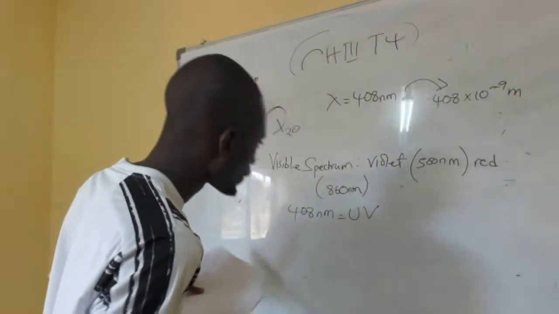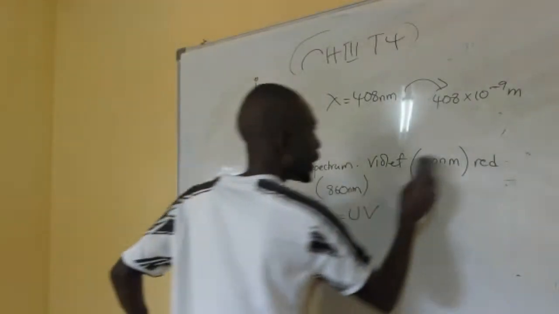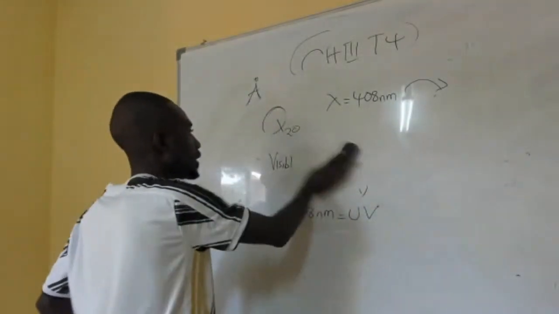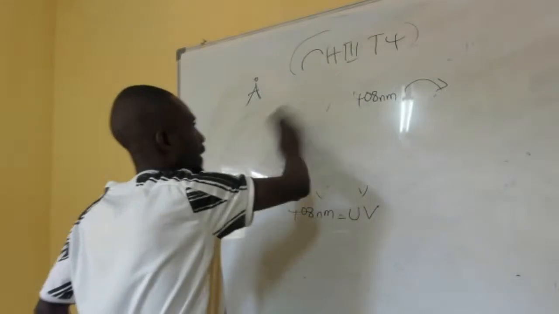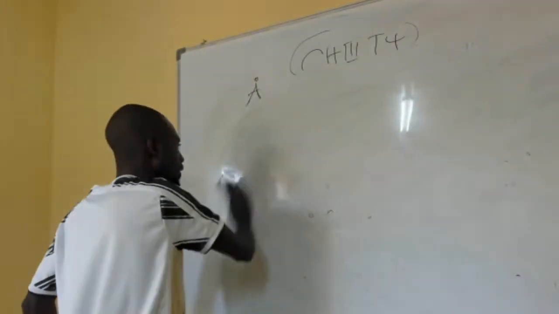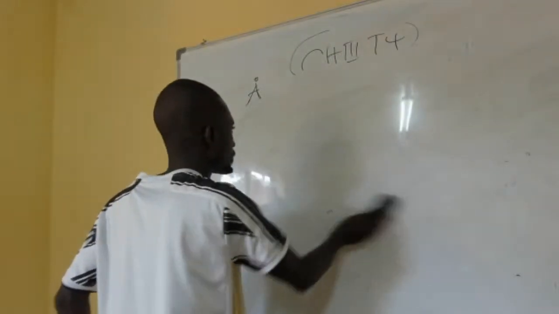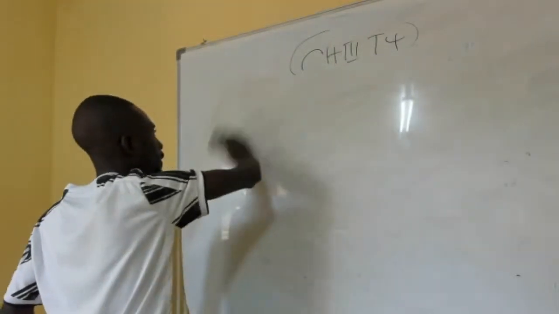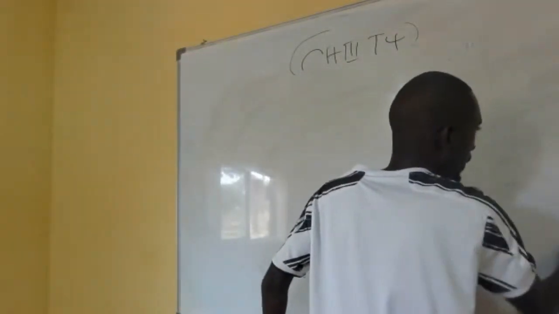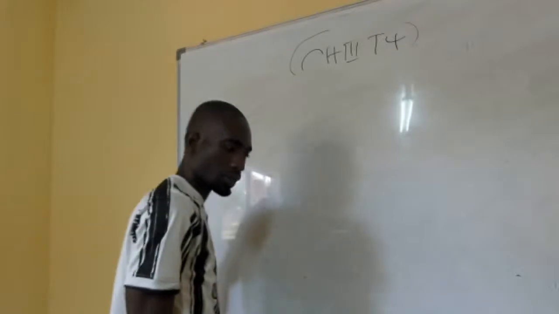Now I'll go back to the first part of tutorial sheet 4. I'm sure people are still having challenges, so I'll just make a recap of how best we can assess. Let me just do a recap of what happened.